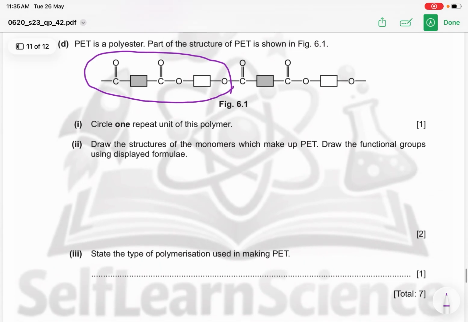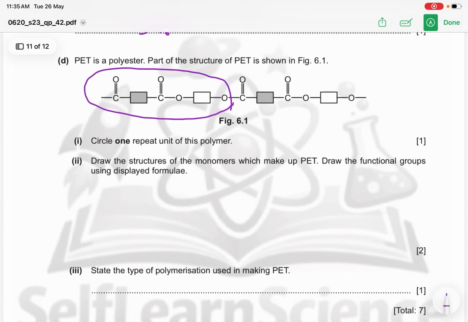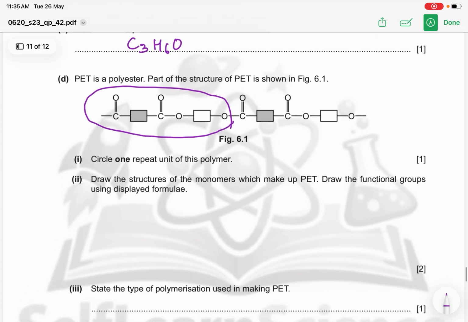Next, draw the structures of the monomers which make up PET. Draw the functional groups using displayed formulae. Now here we know that it is a condensation polymerization, and we require two monomers. The two monomers you can identify here: one is this part and another is the oxygen part. One is shaded, the other is unshaded.